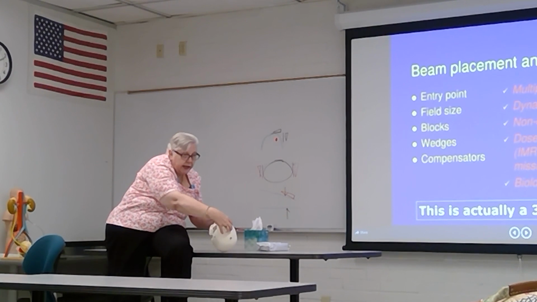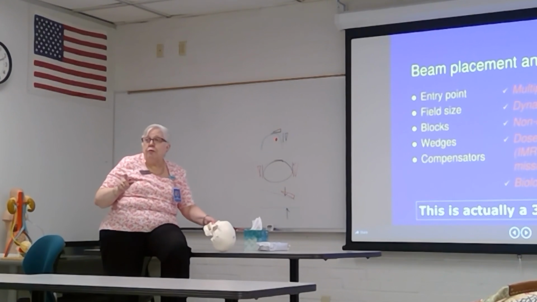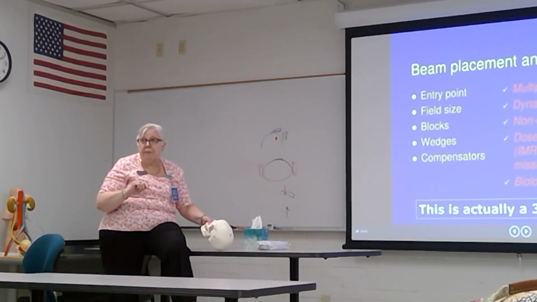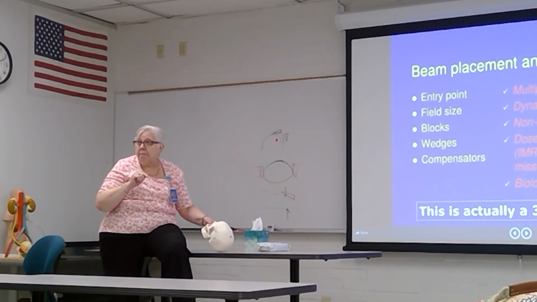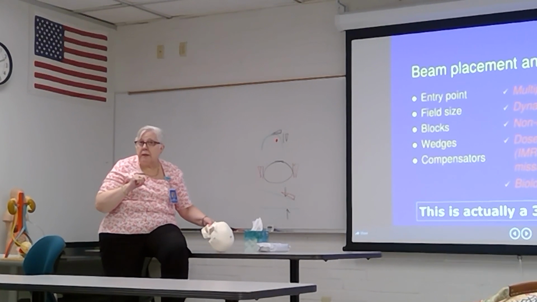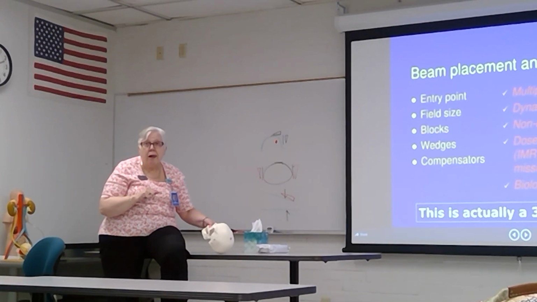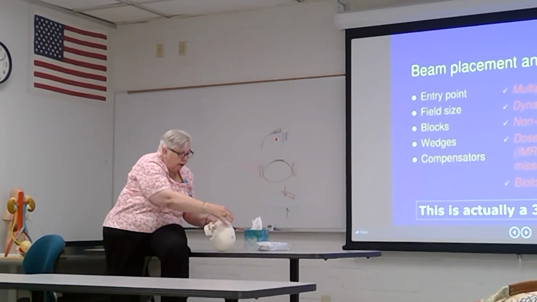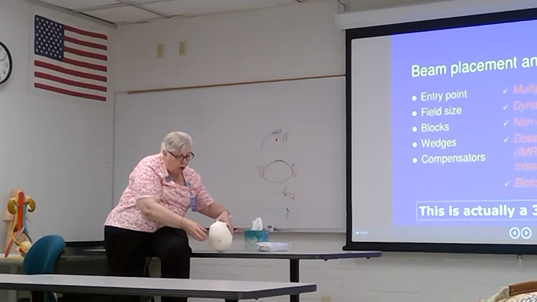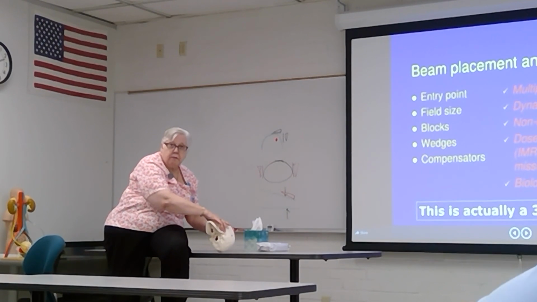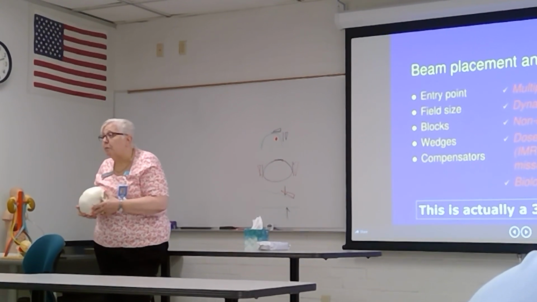If you treated a vertex, you'd have to come in this direction. How do you do that? We did it upstairs last semester. How do you do that? Couch kick. Yeah, so couch kick of how much? 90 degrees, so Fred would either have to turn on the bed this way or this way, and the gantry would have to move. Okay, that's what we mean by non-coplanar.